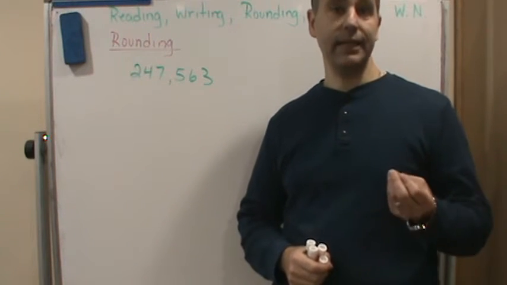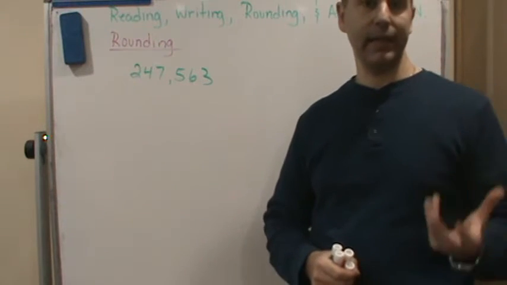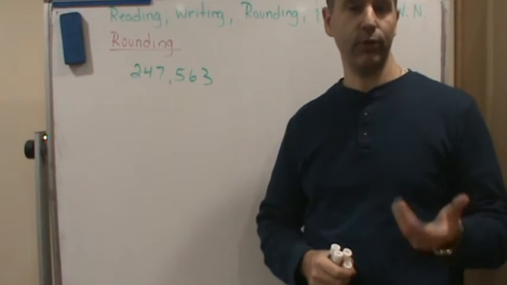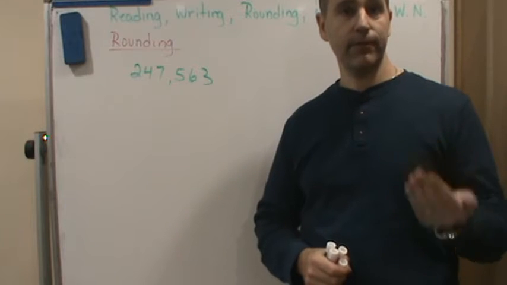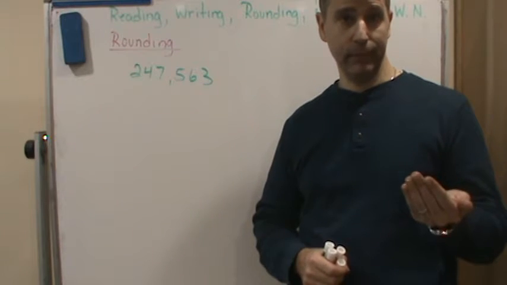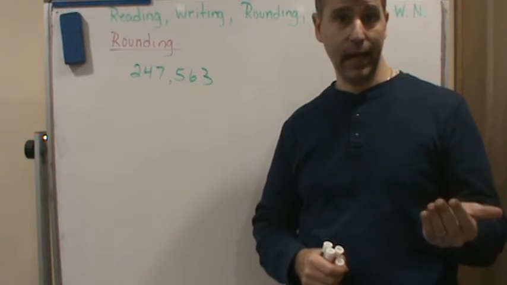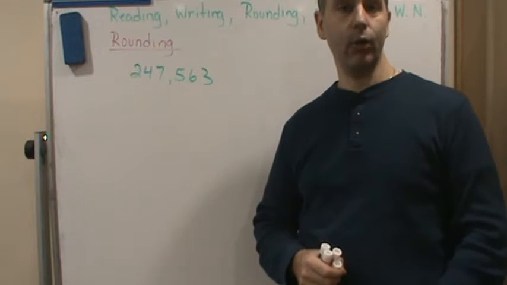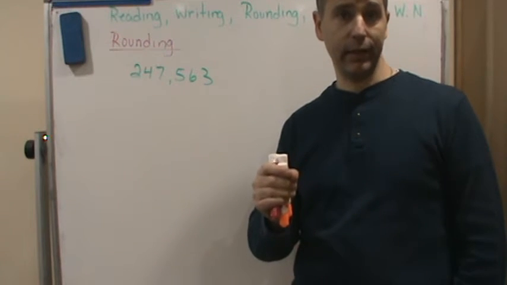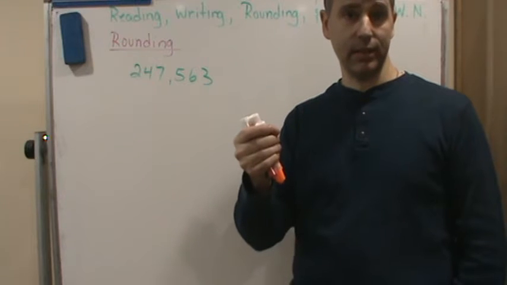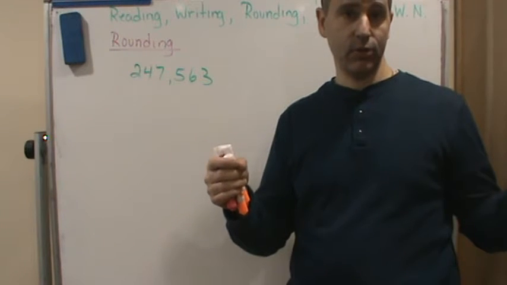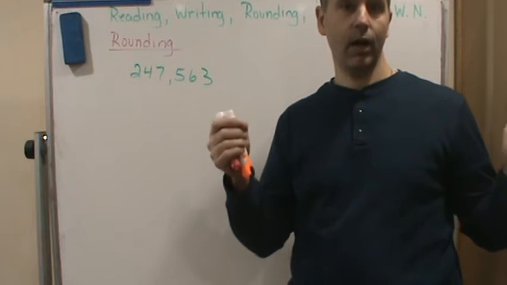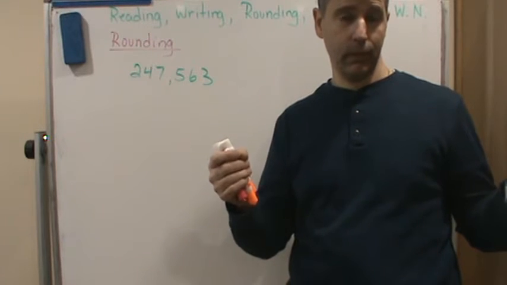If the digit to the immediate right of the place value that you're rounding to is 5 or higher, meaning 5, 6, 7, 8, or 9, then you're going to round the place value up to the next digit, and all of the place values to the right of that digit are made into zeros.